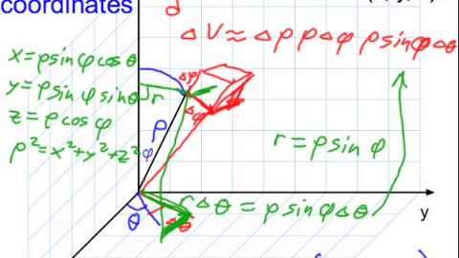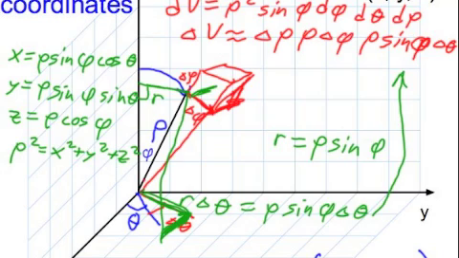So of course in the integral, that dv then becomes, notice we've got two rhos, so it ends up being a rho squared sine phi, and then we have a d phi, a d theta, and a d rho, or any order that you need for your integration.